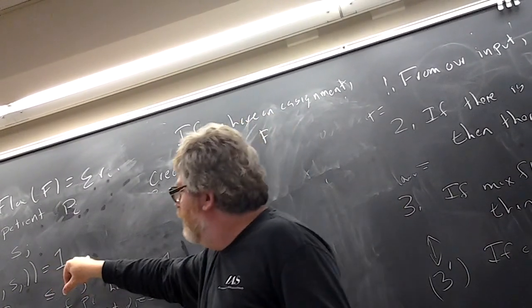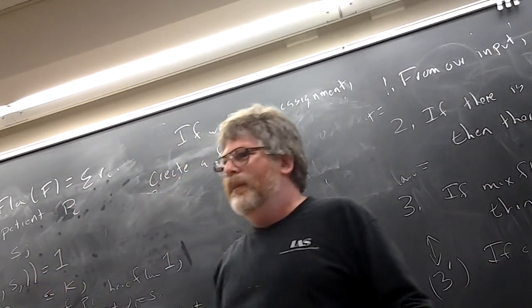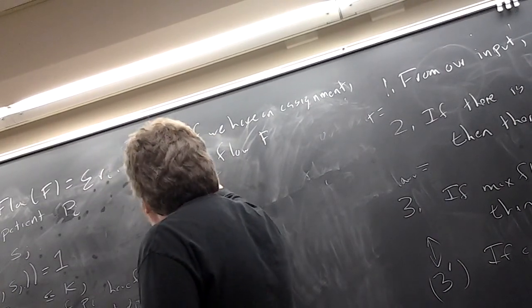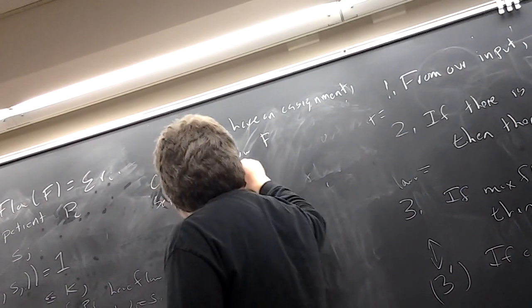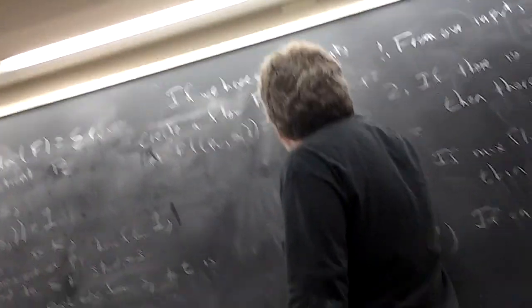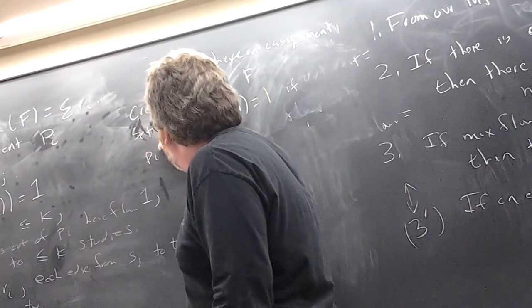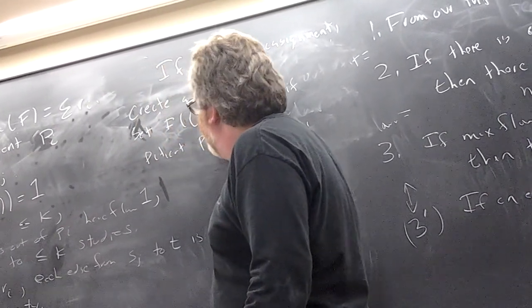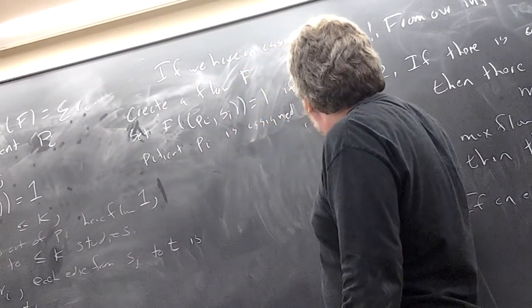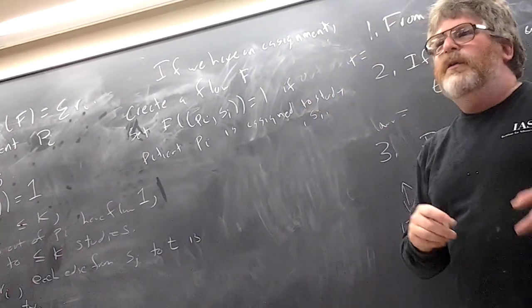It's just that now we're using this instead of the assignment to define F. So set F of PI Sj equal to 1 if patient PI is assigned to study Sj.